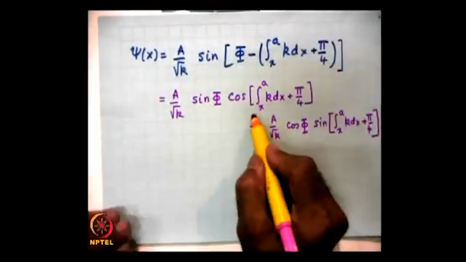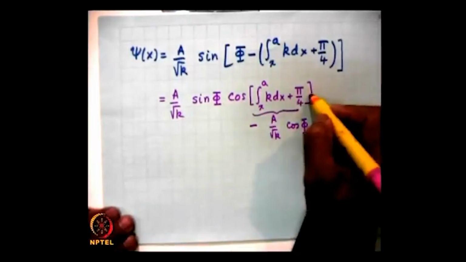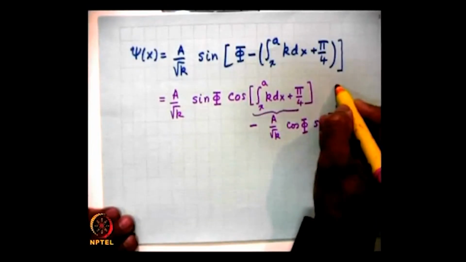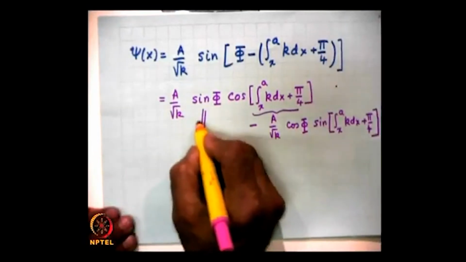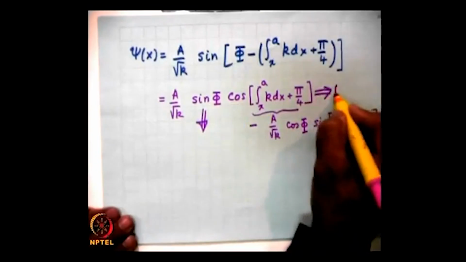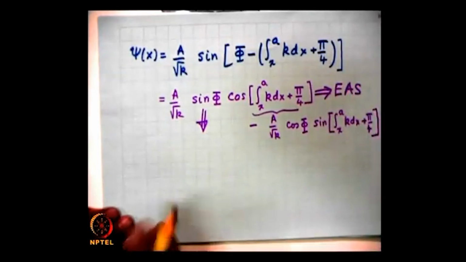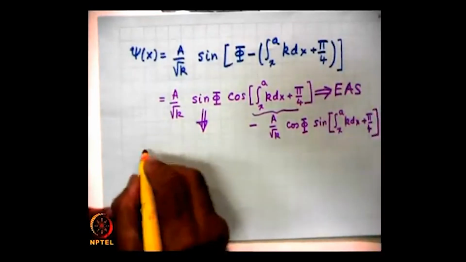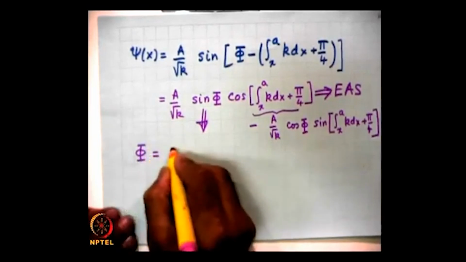So, the argument is now in the same form. So, sine phi should be 0, because this will lead to the exponentially amplifying solution. For the bound state, its coefficient must be 0. Therefore, phi must be equal to n pi.